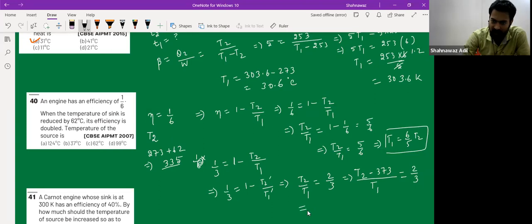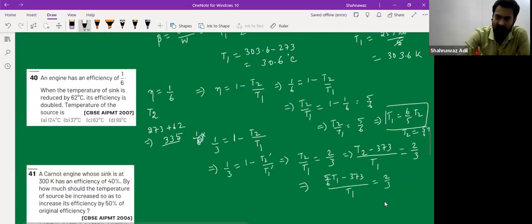So we know that we can write T2 as 5 by 6 of T1, right? So 5 by 6 of T1 minus 373 by T1, which is equals to 2 by 3, right?